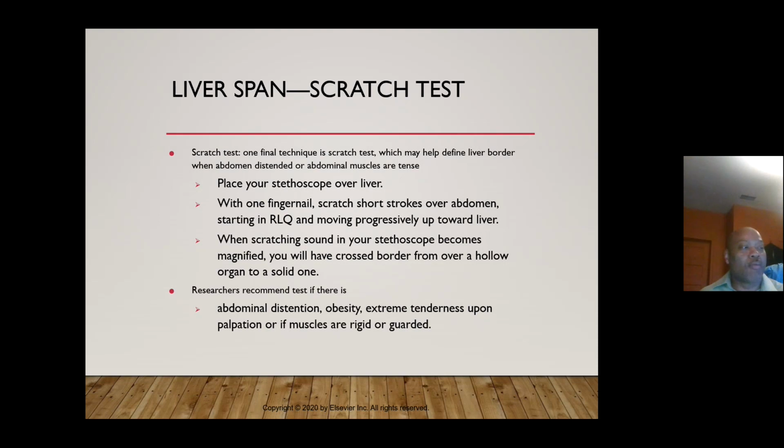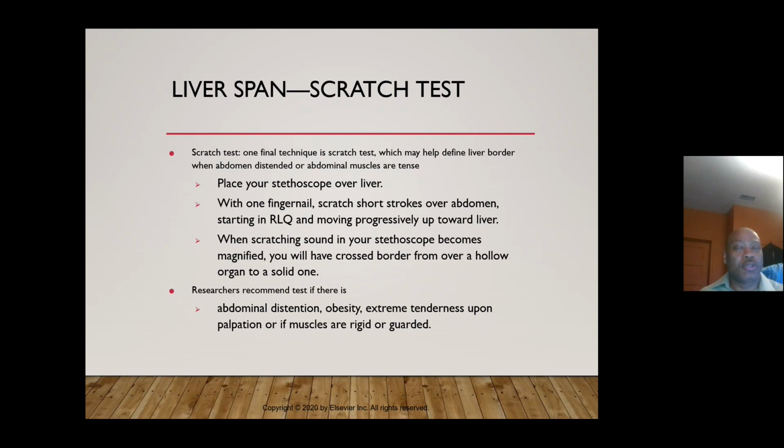We start around the right lower quadrant of the abdomen, which is the same side as the liver, and move progressively up towards the liver, because eventually that scratching will be over the surface of the liver.